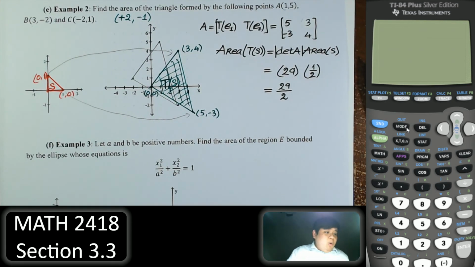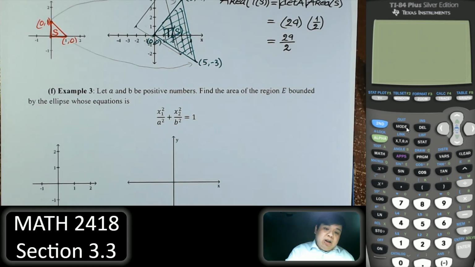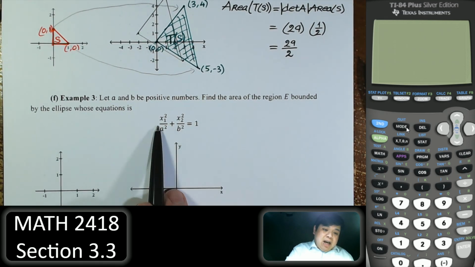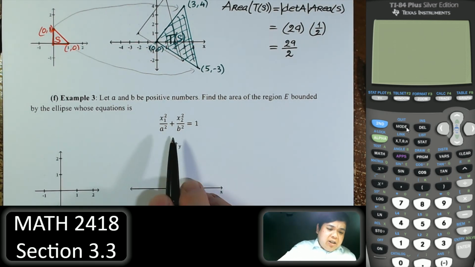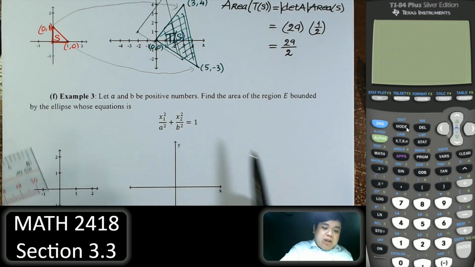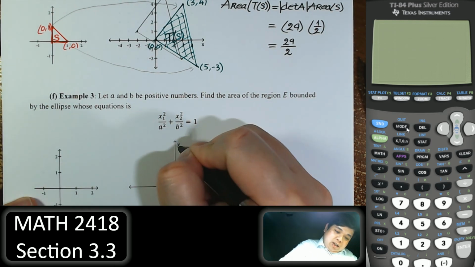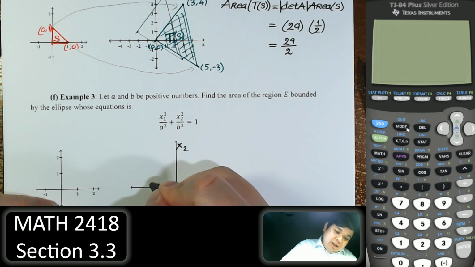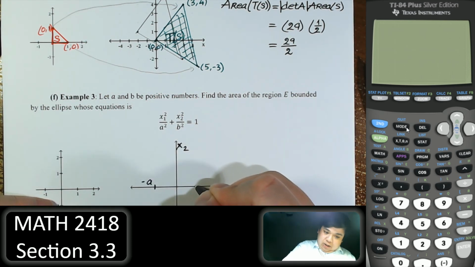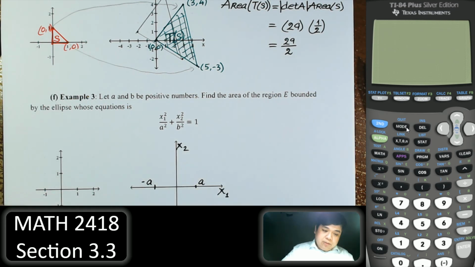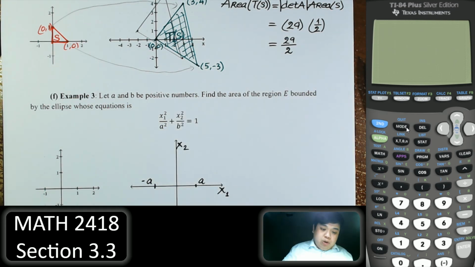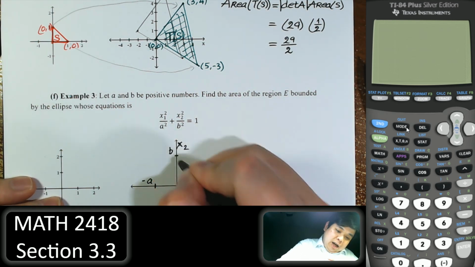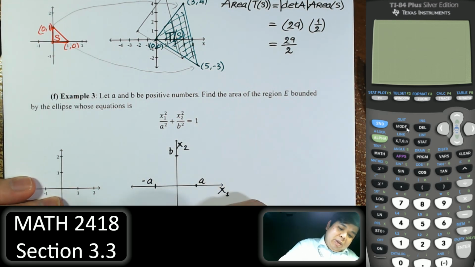Now, even more interesting is we have scenarios here. Let a and b be positive numbers, find the area of the ellipse bounded by that equation. Now, this is the ellipse. If we want to draw a square, let's say this is x1, x2. a square is between x1, so we're going to go a unit left and a unit on the right. b square below x2, so b unit up and negative b unit down.